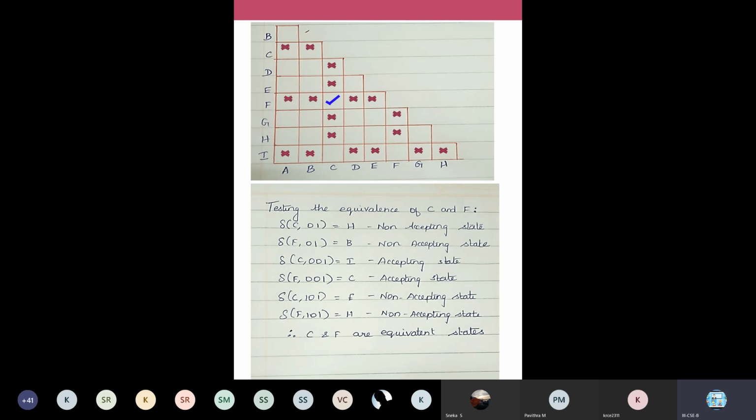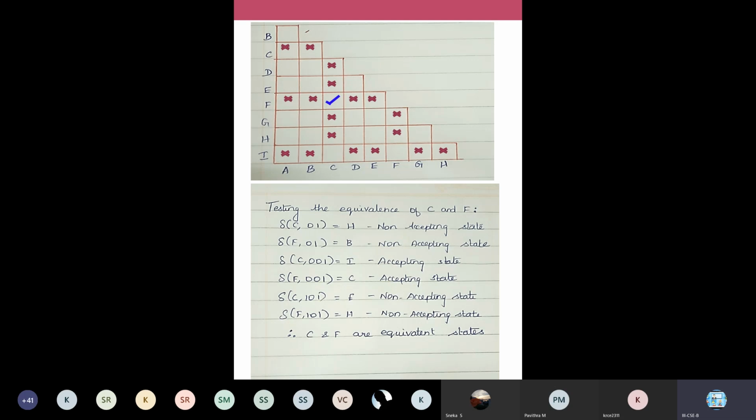So like that, it is enough if you are writing for 3 samples. For equivalent states, for any number of strings, the transitions must be similar, but it is enough if you are writing for 3 strings. Then you just manually analyze without writing. You analyze the diagram for other possibilities also.